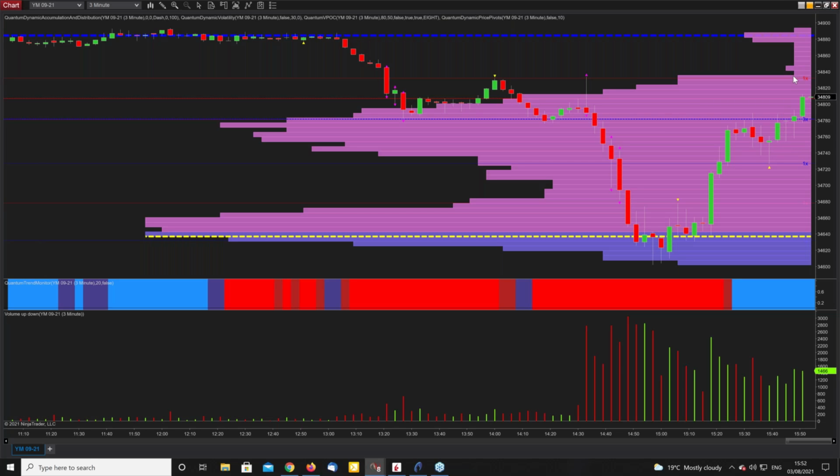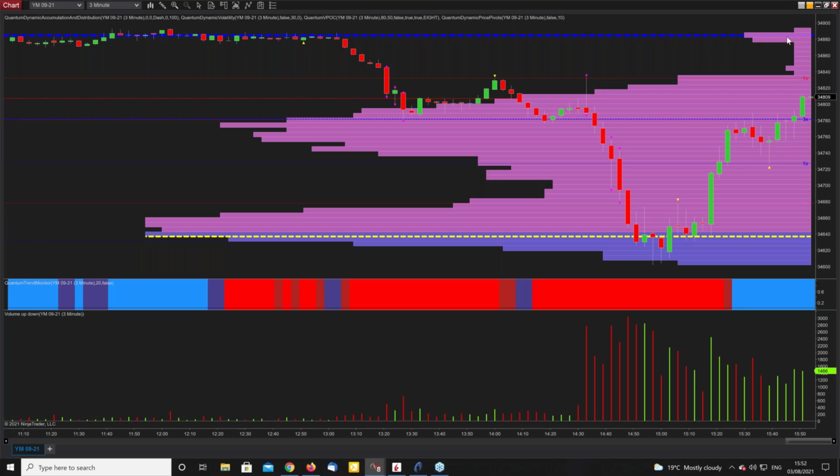As it approaches a low volume area like this, expect that price to move through very rapidly, A, because there's no volume there to resist it, and secondly, and this is a slightly more nuanced issue, if the market didn't consider it an important area in the past, why would it consider it an important area now? That's more of a semantic argument, if you will, but that's the way we approach it.